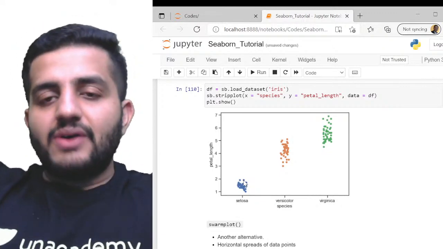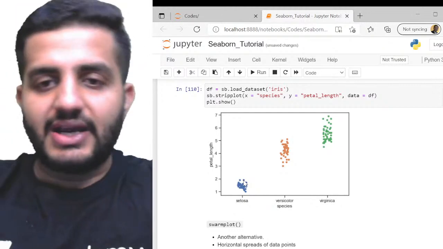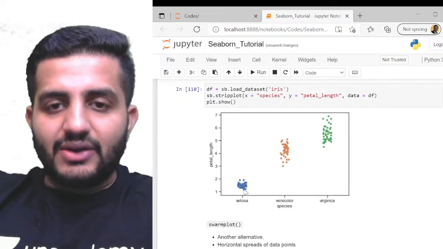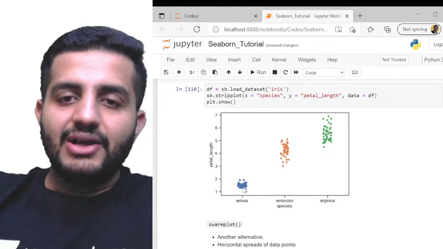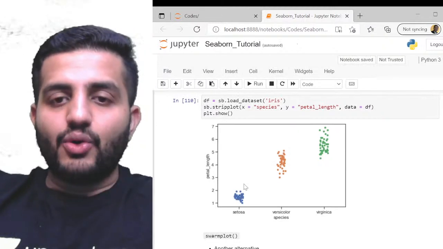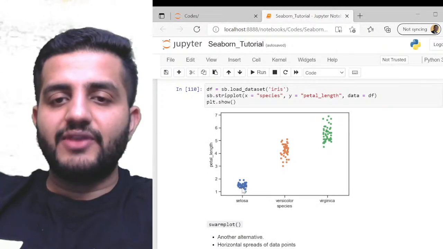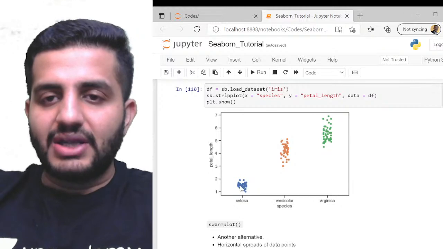Now in Setosa I have, for example, 50 points, 50 observations, right? Plotting those 50 observations, some of the points will be falling in the same region, right? So here the points are getting overlapped. You're not able to count those individual 50 points because some of them overlap. You can see the darker blue regions, right?